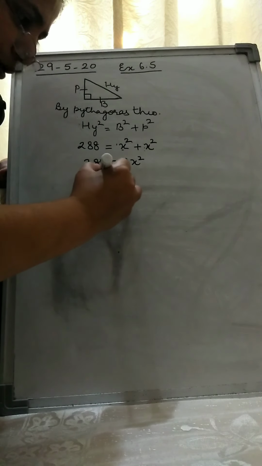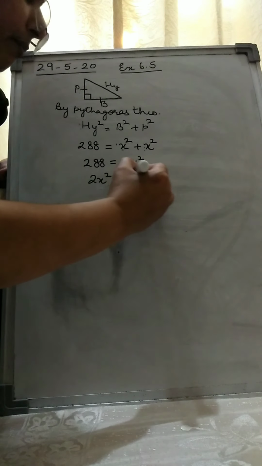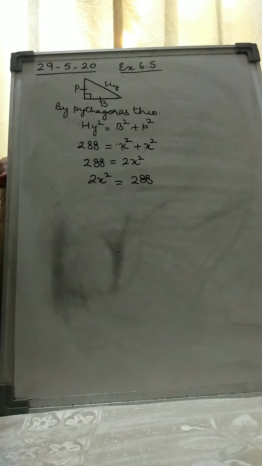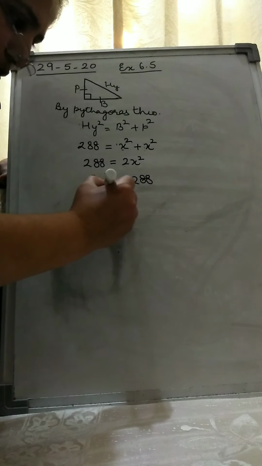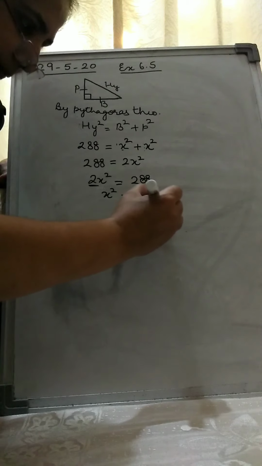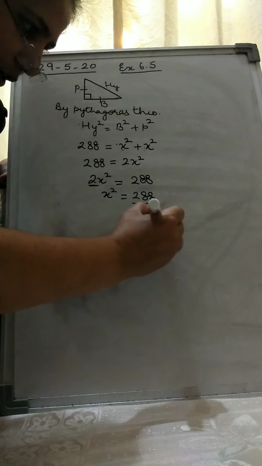So write 2x square on the left hand side because we write variables on the left hand side. Nothing I have done in this step. Now just take the whole number 2 to your right hand side. This becomes 144.